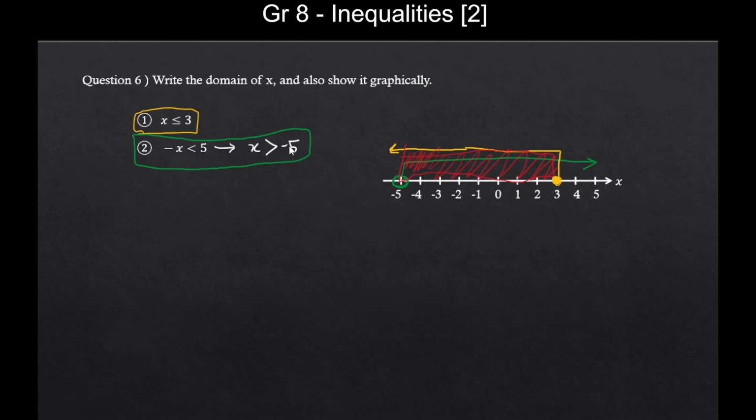Then x is greater than minus 5, so that makes sense for x being 4. But x is smaller than 3 doesn't make sense because our x value is 4. We cannot satisfy both inequalities at the same time unless we're in this region. And of course, that region should not include minus 5.